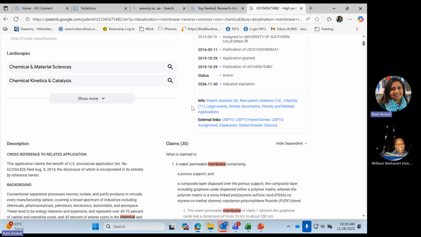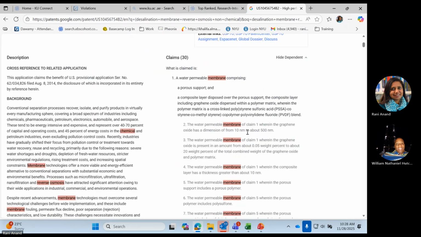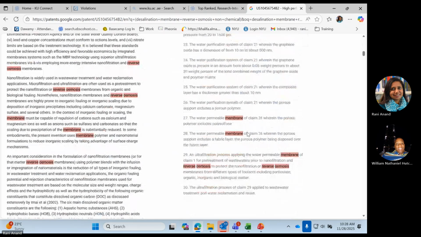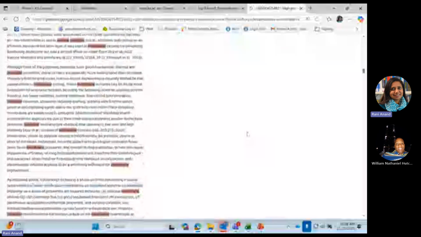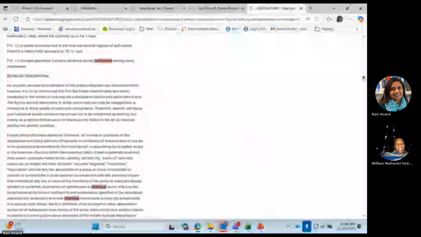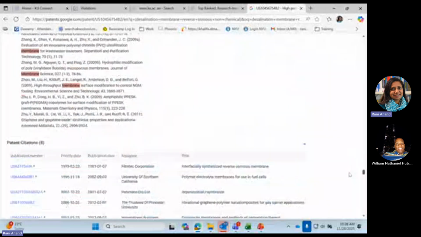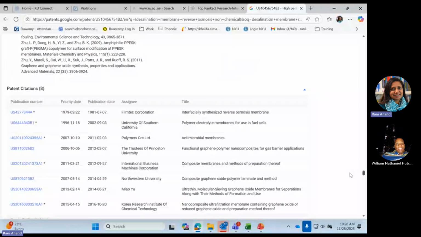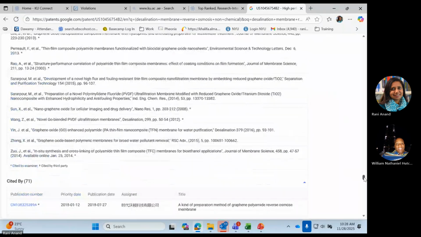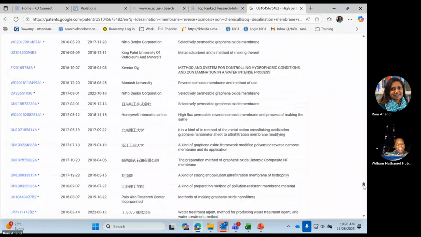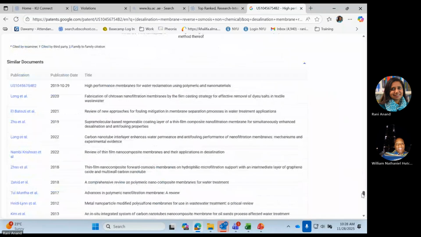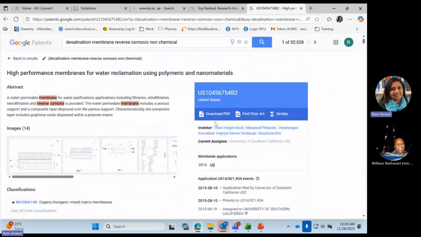This patent is available in USPTO, Espacenet, dossier, etc. So this is the patent according to the keywords or the query we asked for. And see, these are the references, related patent numbers. Also you'll be able to download the patent in PDF format.